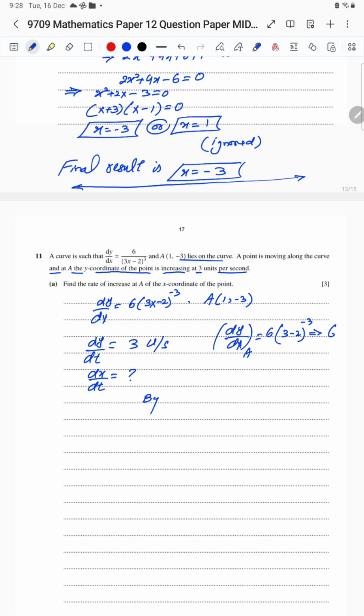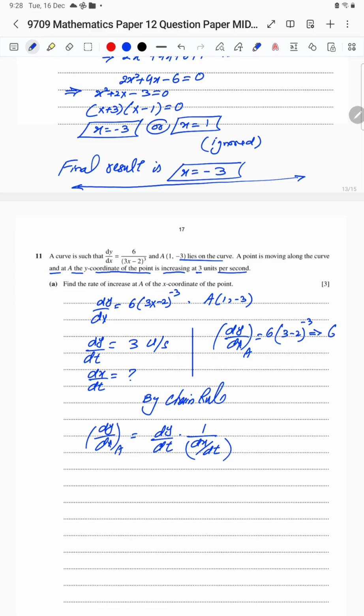So by using chain rule, dy by dx at A is equal to dy by dt times 1 over dx by dt.